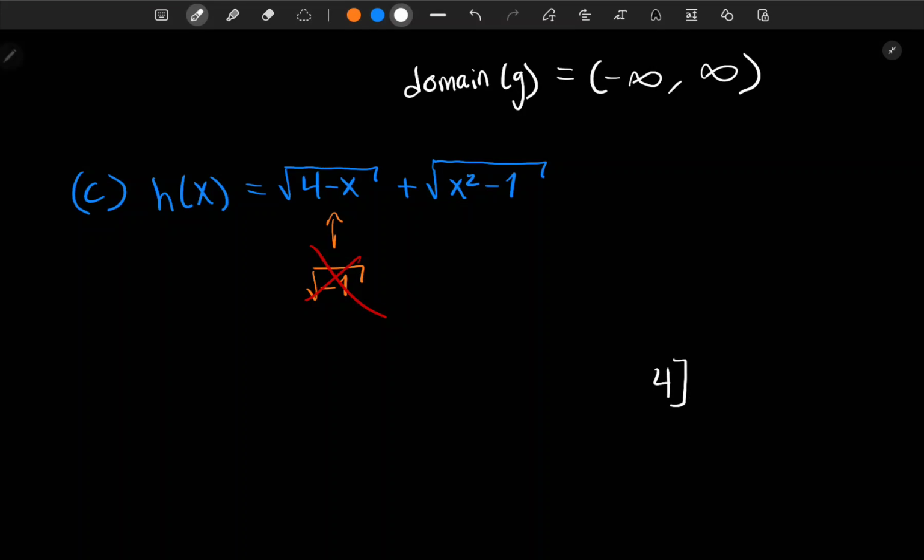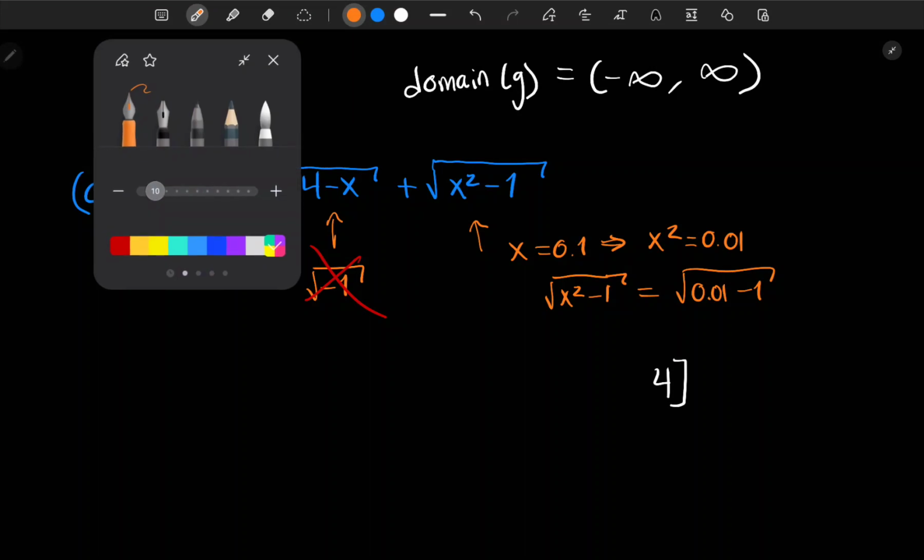Moreover, if we chose x is equal to 0.1, then x squared is equal to 0.01, and the radical becomes the square root of 0.01 minus 1, which is a negative number inside the radical, and it becomes imaginary.